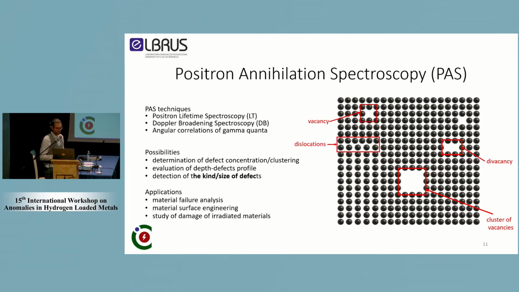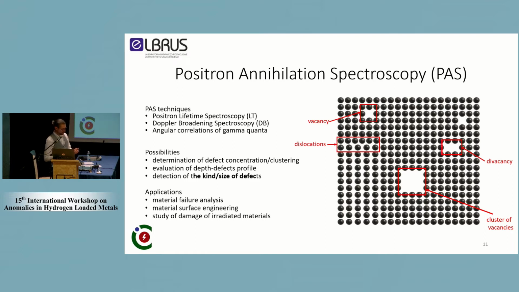So this PAS technique is separated in basically three useful ways. The first one is the positron lifetime spectroscopy. It allows us to have a direct interpretation of the vacancy, the size of the vacancy, sorry. When we do the deconvolution of the positron lifetime spectra, it gives us value of peak and intensities of each interaction between the positron beam and the crystal lattice.